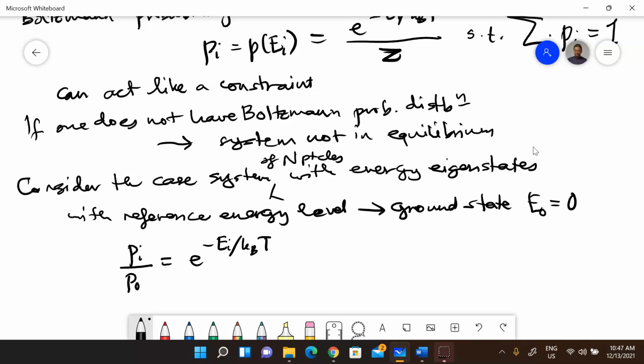So this must be true for all i, so that you get essentially the Boltzmann distribution.